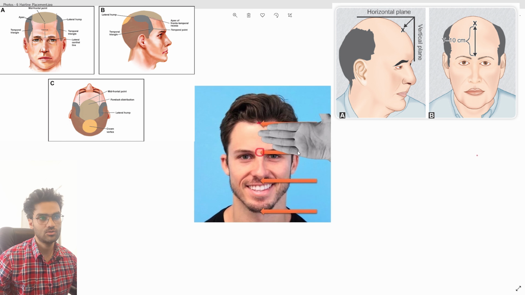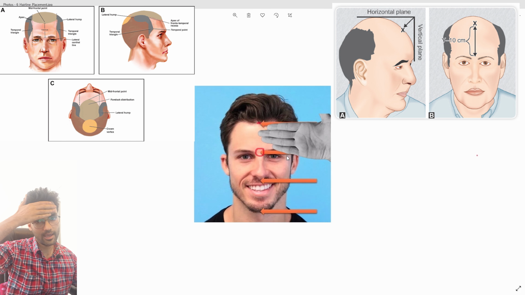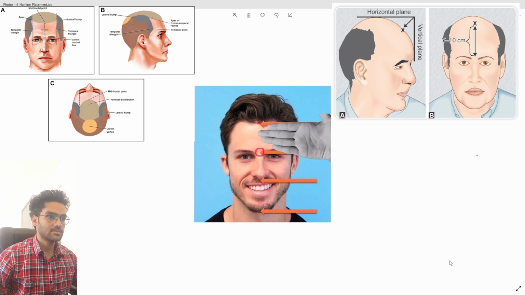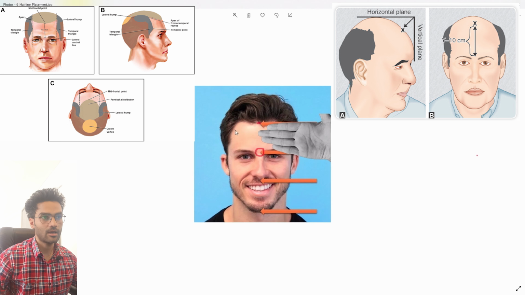Or you can use your four-finger hand, put it on your forehead, and measure where your hairline will start. As you can see, my hairline also has a four-finger gap. Now that we have covered the distance between the central point and the hairline, let's find the corner point where we start our hairlines.